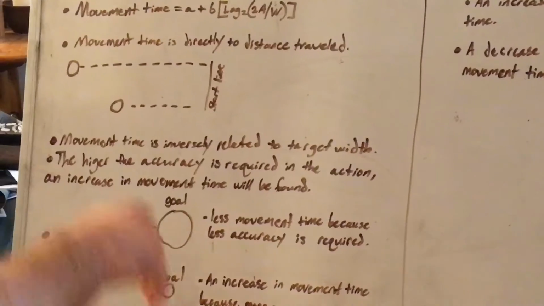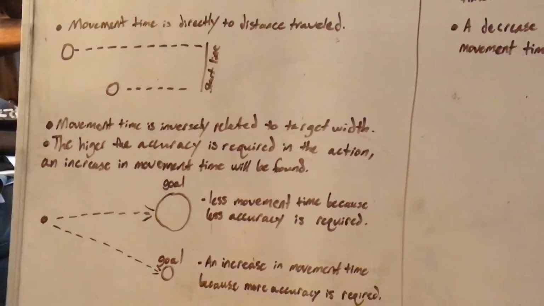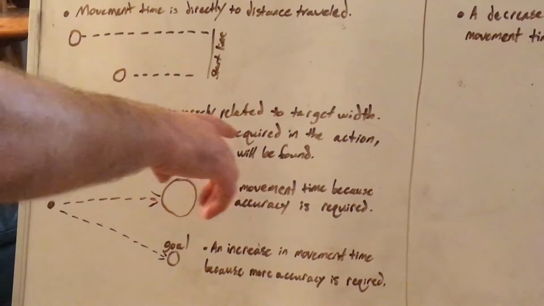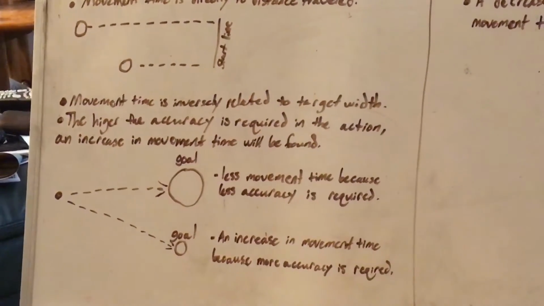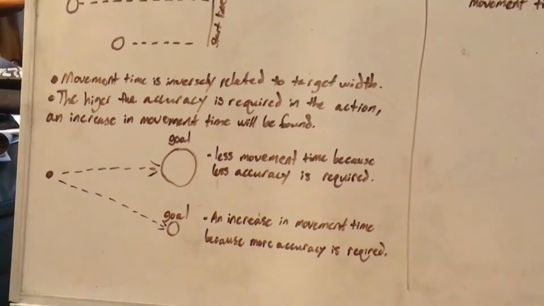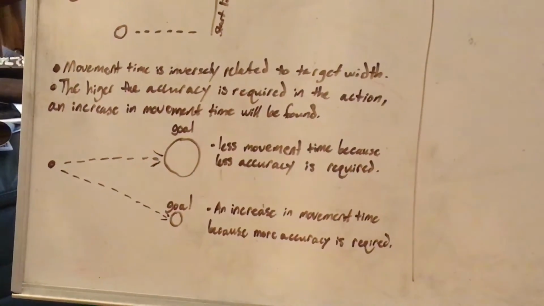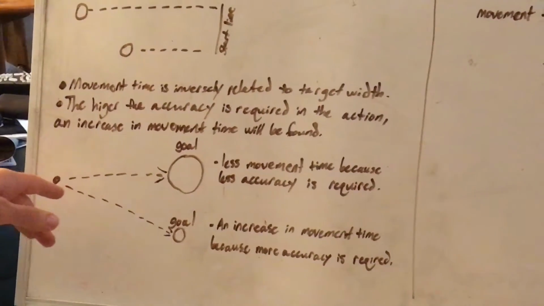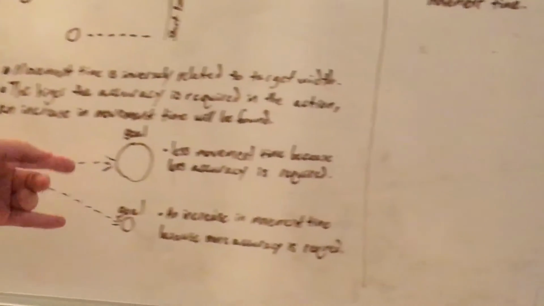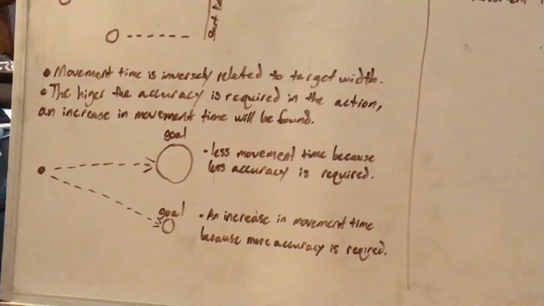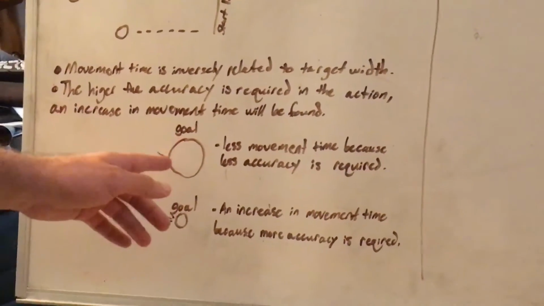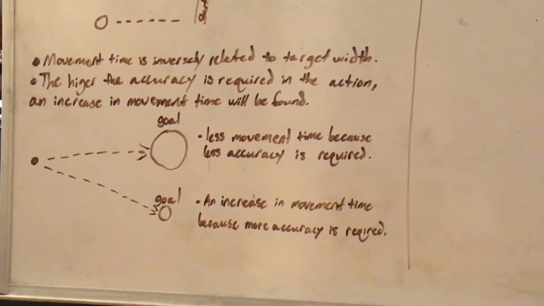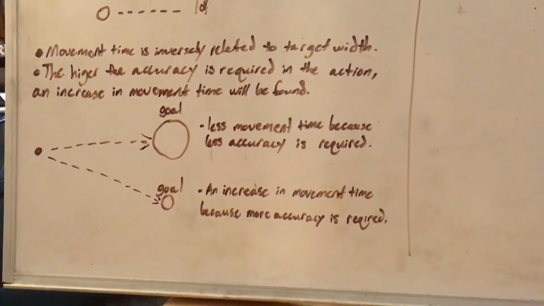Movement time is also inversely related to target width, which means the higher the accuracy required in the action, an increase in movement time will be found. So in this example, we have a ball traveling the same distance, but its target destination will either be bigger or smaller. With the bigger one, less movement time is required because less accuracy is required.